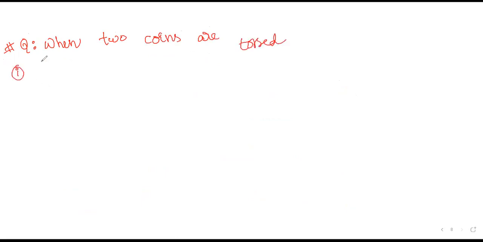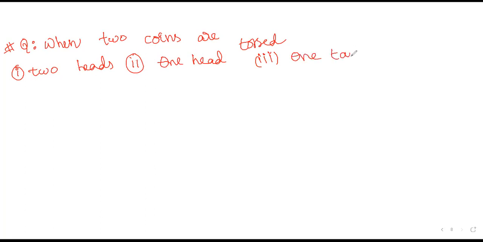First question is, there must be 2 heads. Then question number 2, 1 head. Then question number 3 is 1 tail. Then question number 4, at least 1 head.